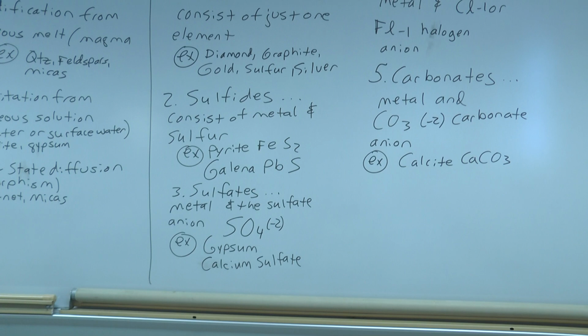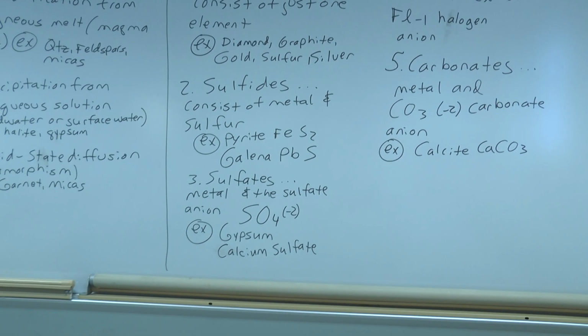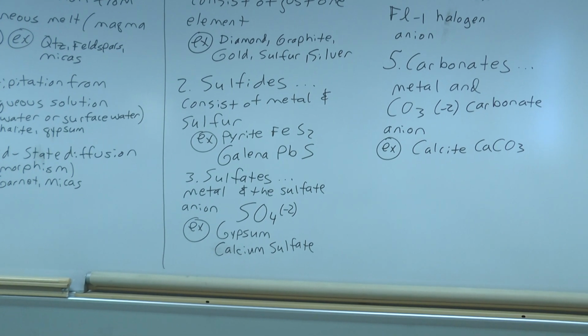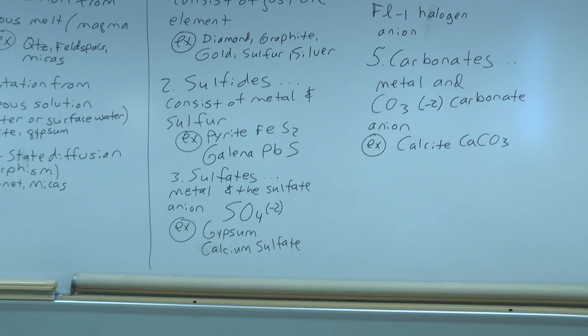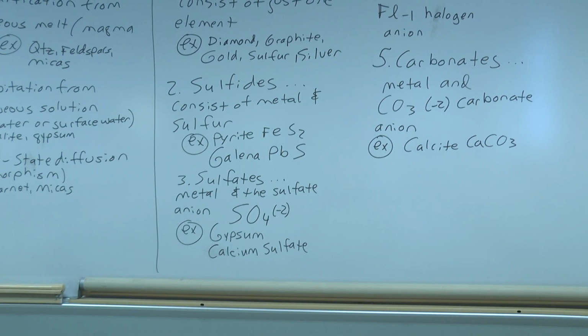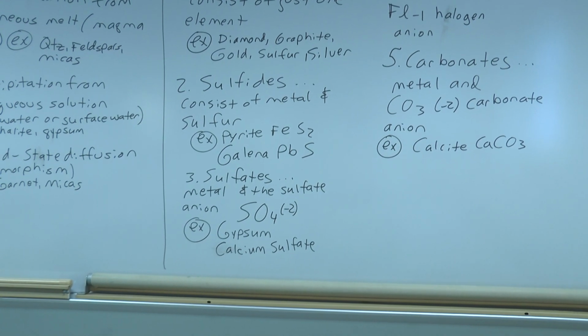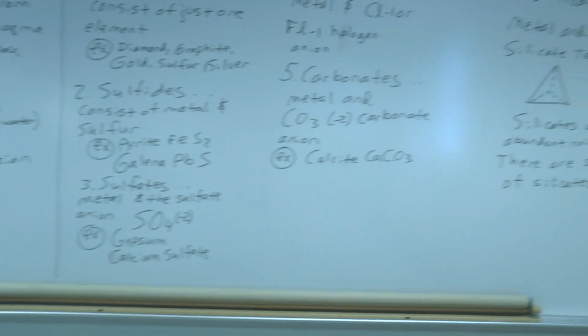By the way, the classes of minerals are classified by their anion groups. And in this case, it's a sulfate anion. Our examples would be, well, gypsum, which is calcium sulfate, CaSO4, with some water in the crystal lattice, and we looked at some gypsum in class this week.